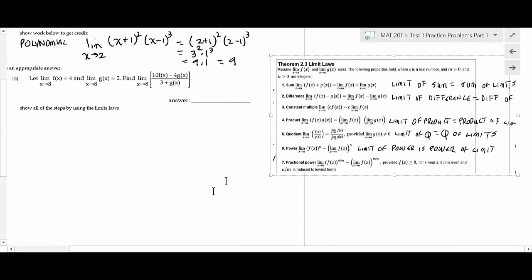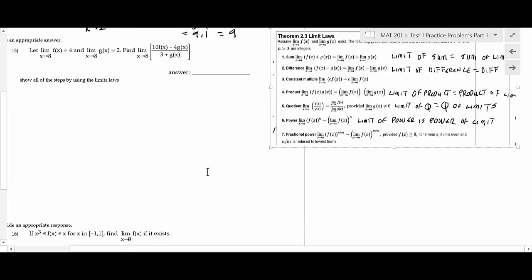The limit of a sum is the sum of the limits. The limit of a difference is the difference of the limits. You can bring a constant out of a limit: if you have a limit of a constant times a function, the constant comes out of the limit. The limit of a product is the product of the limits. The limit of a quotient is the quotient of the limits. And the limit of a function to a power is the limit of the function to that power. Same thing goes with fractional powers.